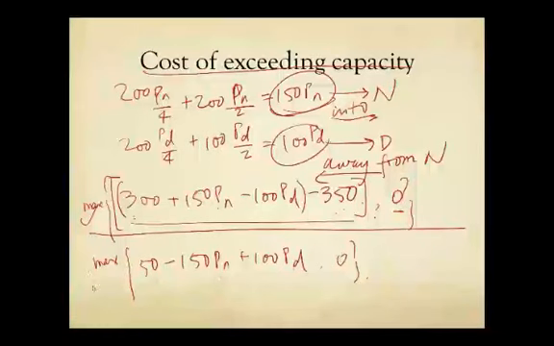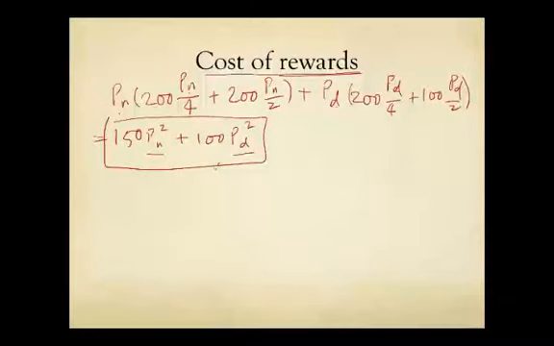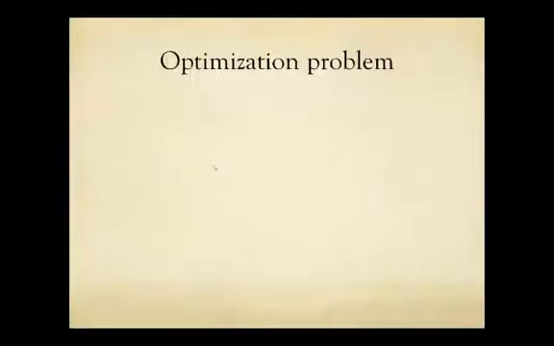So now you've got this term and this term. You can put them together. That's the total cost of exceeding capacity. So let's assume that this cost, the sum of these two terms, and this cost are equally weighted. Then you just add up the whole thing together and you have the following objective function. It is 150 Pn squared. I'm simply writing down what we already derived in the last two slides.